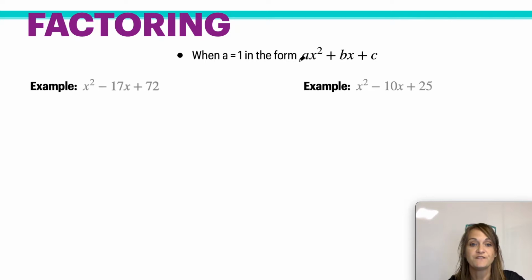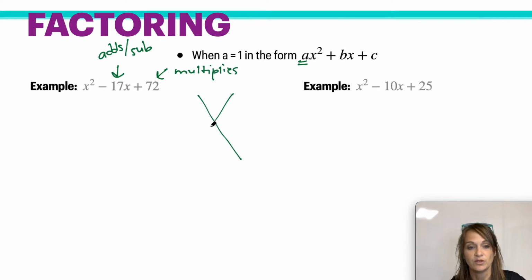Now, when the first term is a 1, then you would factor like we did in the very beginning. So we want to know what adds or subtracts to give you the middle term, and then what multiplies to give you the outside term.